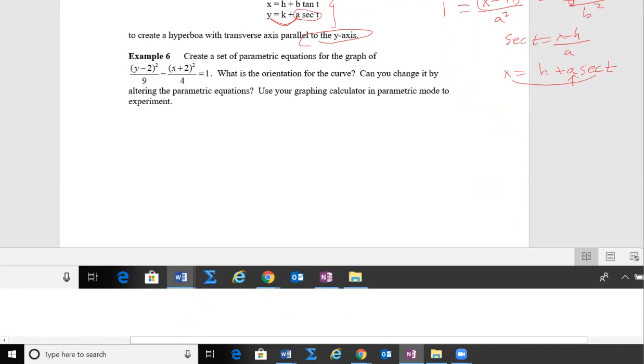So it says create the set of parametric equations, and what's the orientation? So over here now, since this is a positive term, we would want this to be the secant. So you'd say that the y minus 2 over 3 was equal to the secant of t.